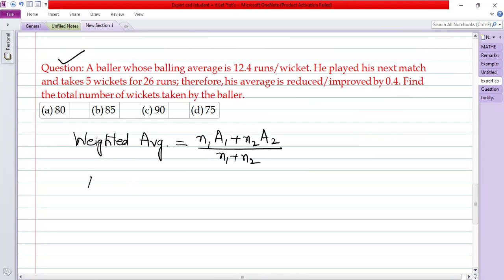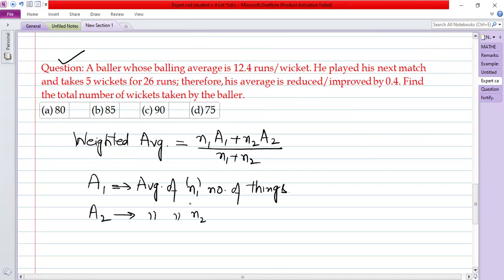Where this A1 is the average of N1 number of things, and this A2 is the average of N2 number of things.